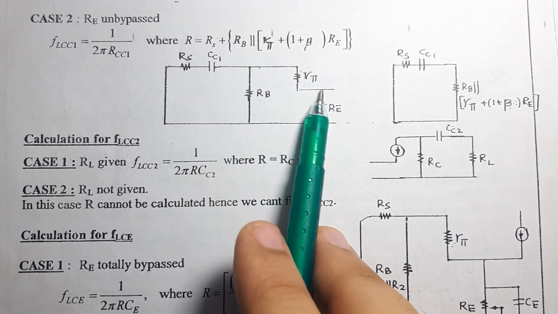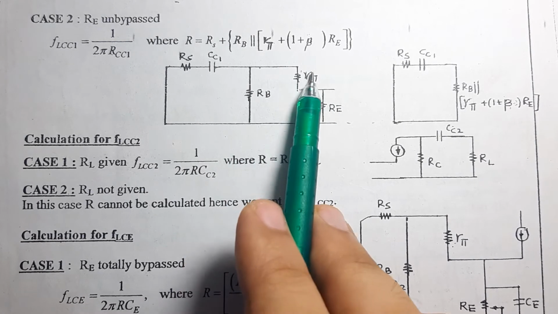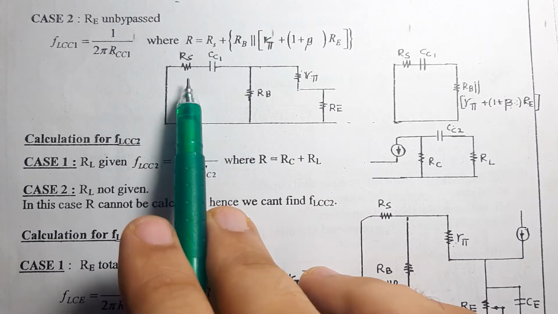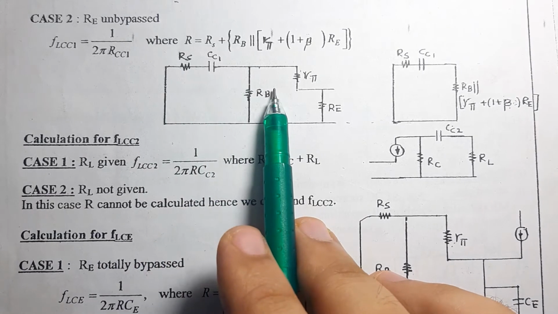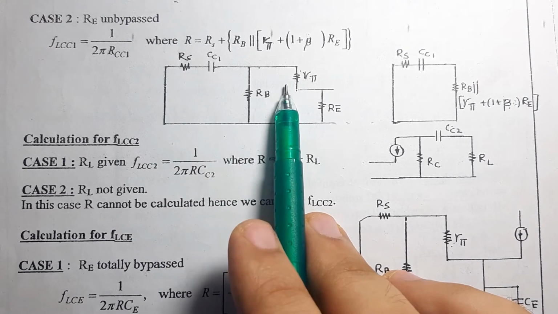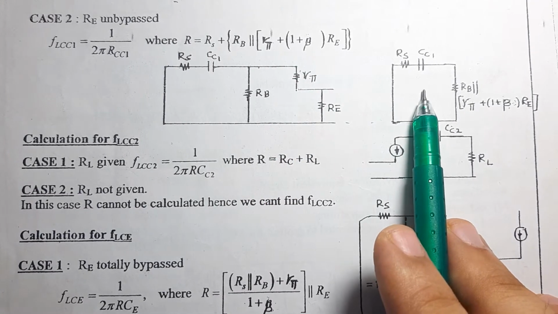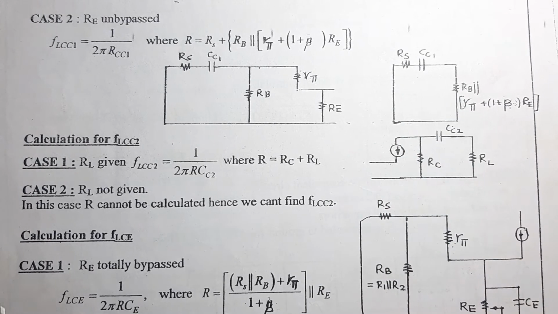Now this entire configuration R pi plus 1 plus beta RE is in parallel with this RB, and this entire junction is in series with RS. So your equation turns out to be RS plus RB parallel R pi plus 1 plus beta into RE over here. As you can see, it is modified in a very simplified way.